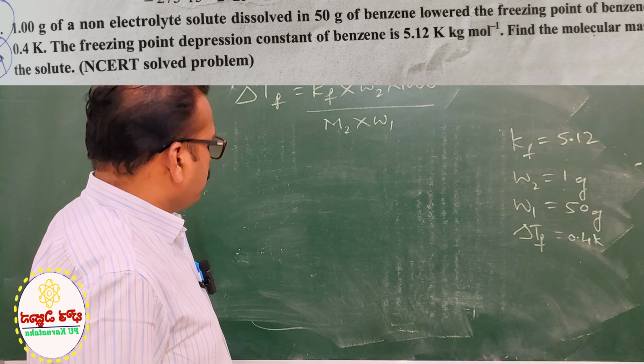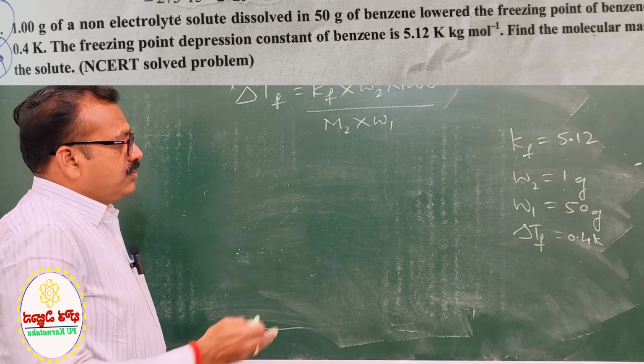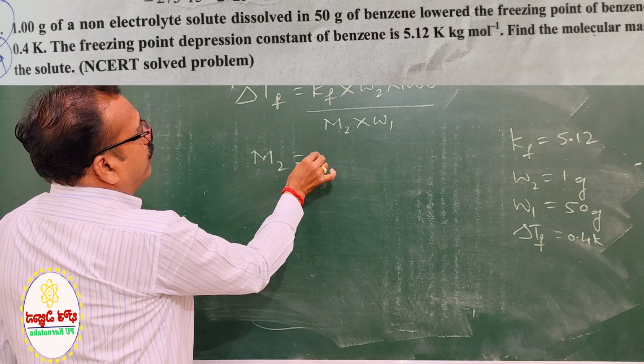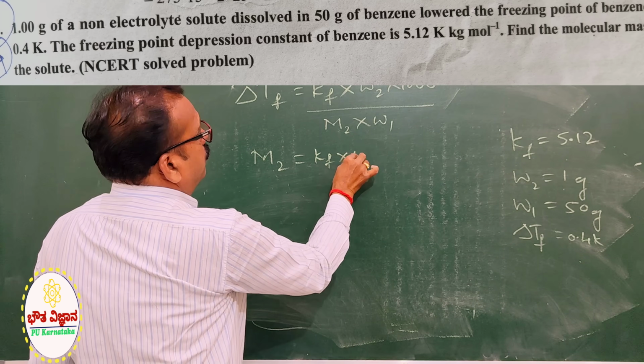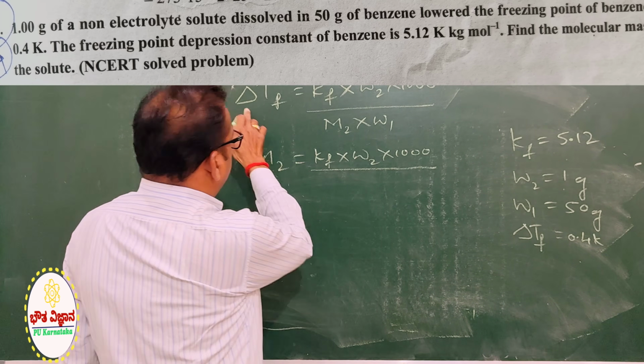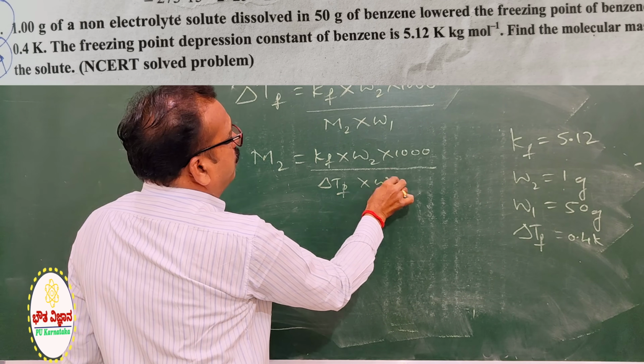So you have to substitute the values, just rearrange. They have asked for molecular mass of solute, so M2 equal to Kf into W2 into 1000 divided by delta Tf into W1.